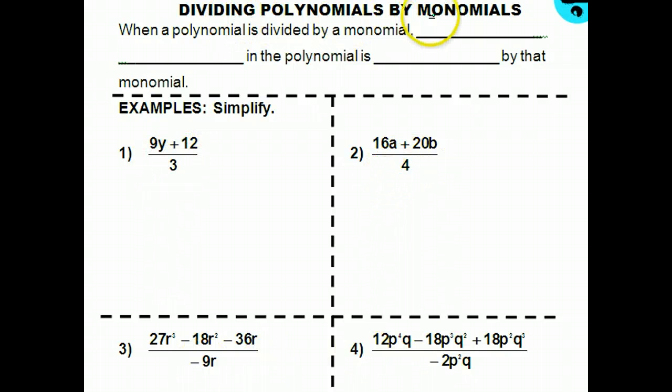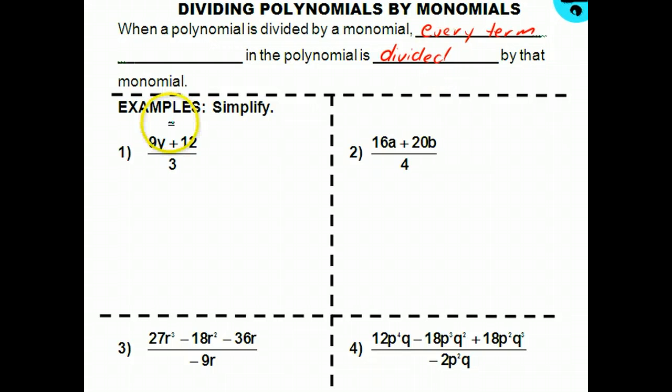So polynomials by monomials. Okay, so when a polynomial is divided by a monomial, every term in the polynomial is divided by that monomial. So here, the 9y is going to get divided by 3, as well as the 12 is going to get divided by 3.